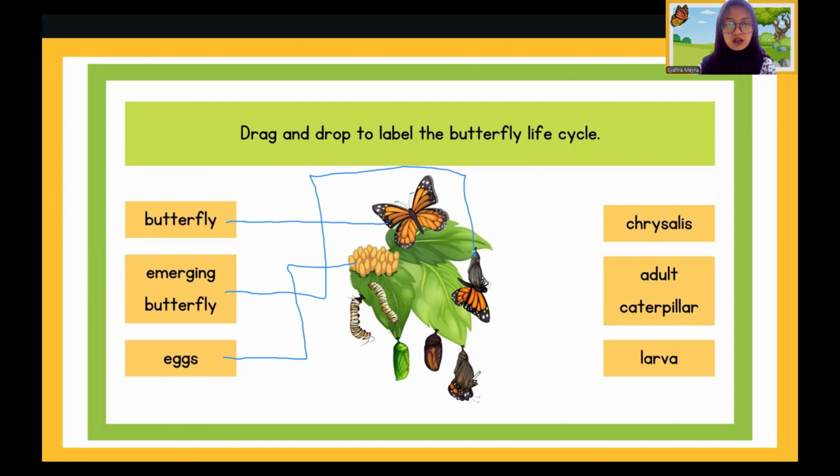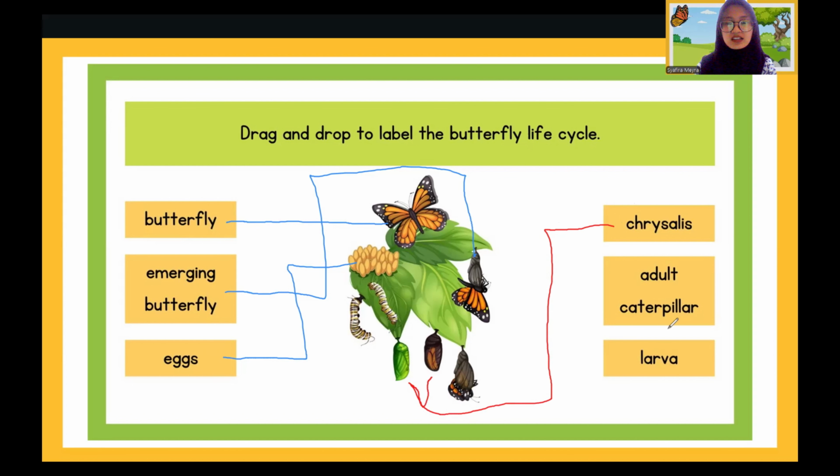This one? Do you think it's this one? I don't think so. So which one is it? That's right. We have two chrysalis here. It's right here and right here.